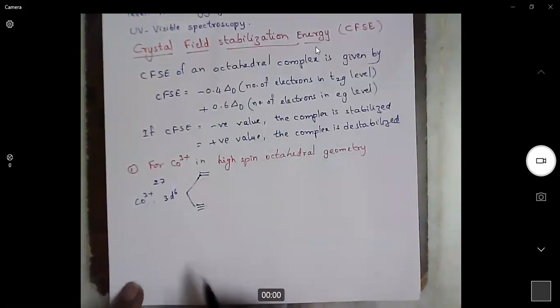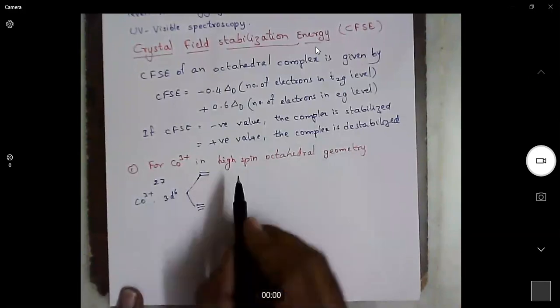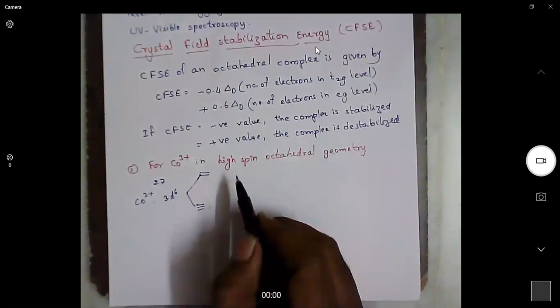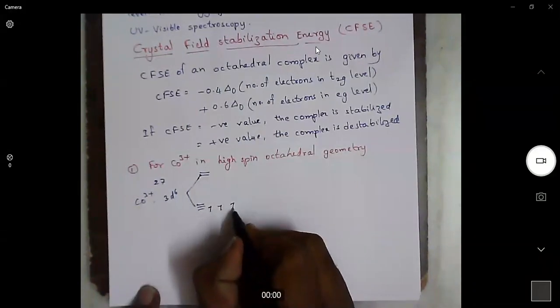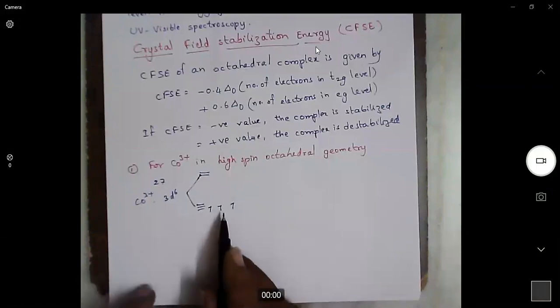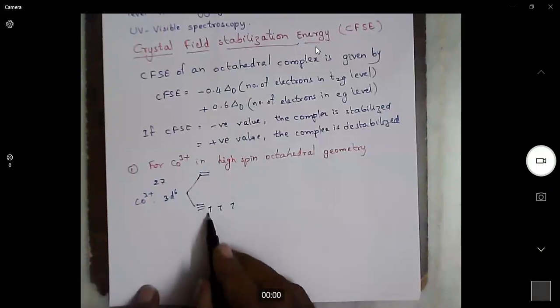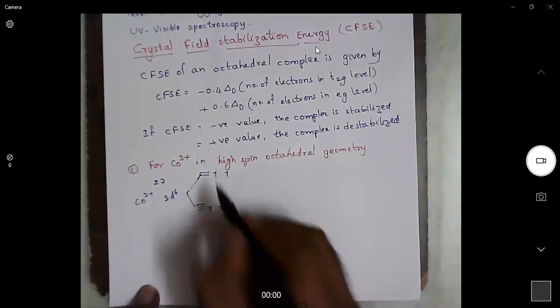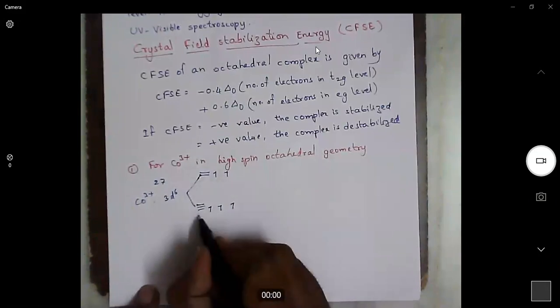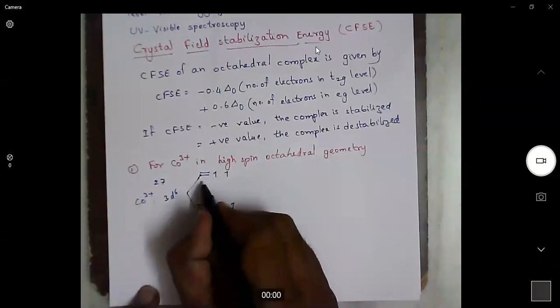Now we have 3d6 elements. High spin means there is no pairing up. So first three electrons in three orbitals, fourth electron will be in fourth orbital, fifth electron will be in fifth orbital. So in T2g level, there are three orbitals.